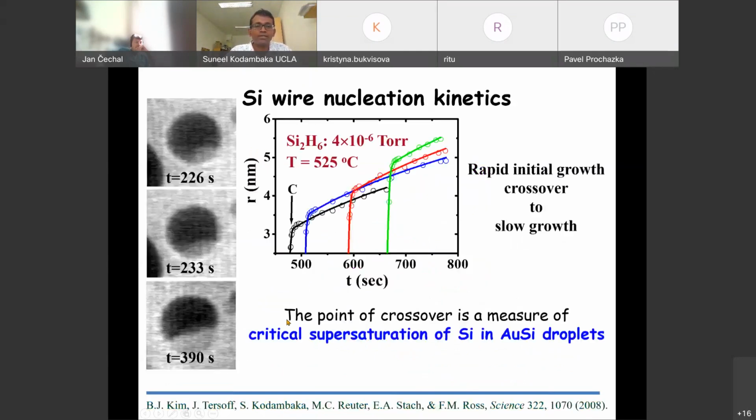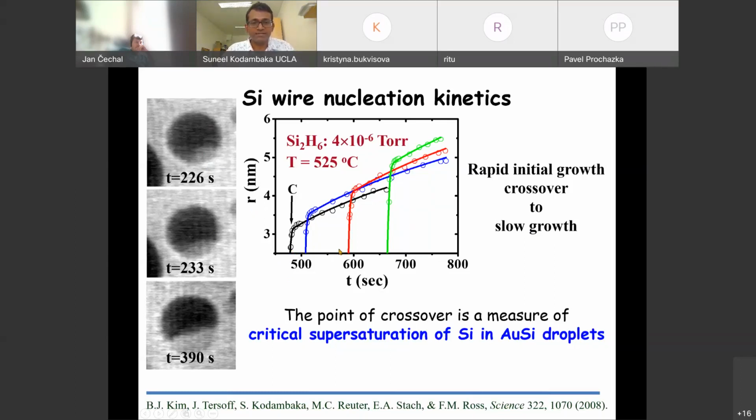More importantly, if you follow the evolution of a given droplet from the onset of crystal nucleation and growth, the plot here shows the radius or the size of this silicon crystal as a function of time. You see that initially there is no change or no growth, and that's because this is the incubation time, the time required for the solid gold to become liquid gold silicon alloy and start nucleating the silicon.